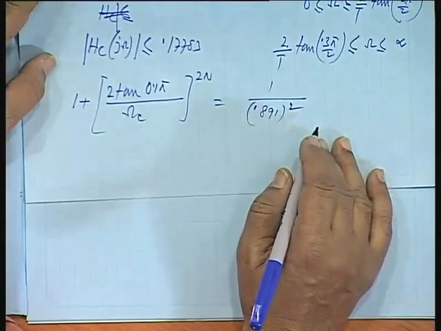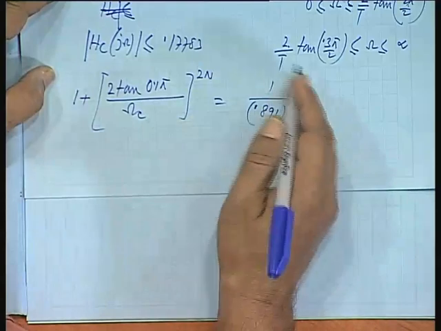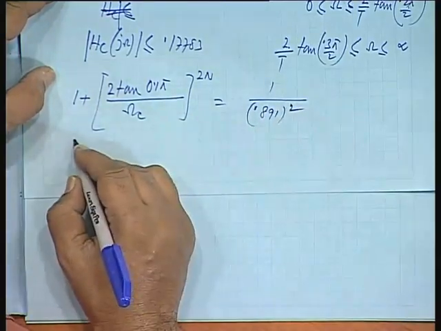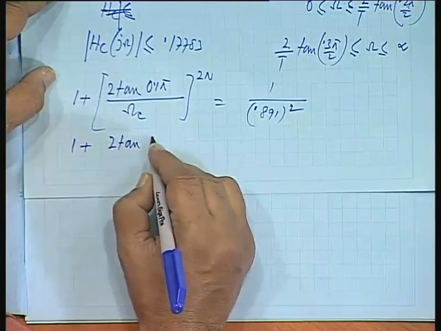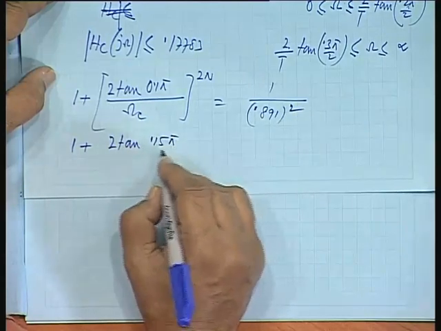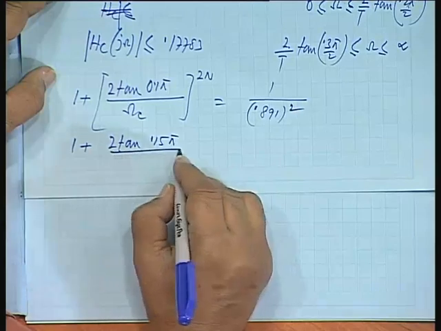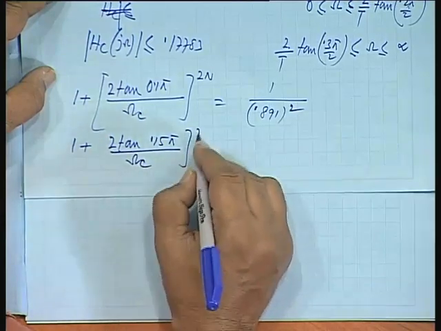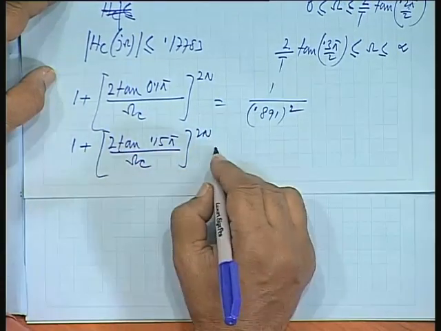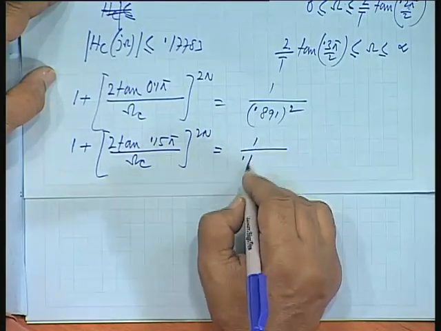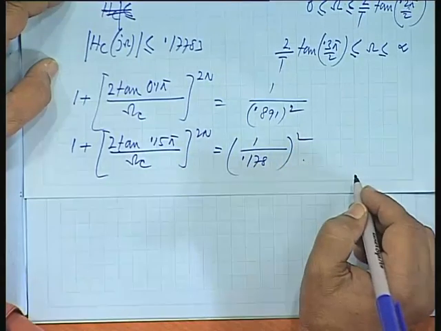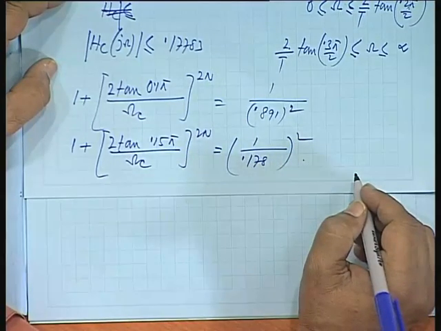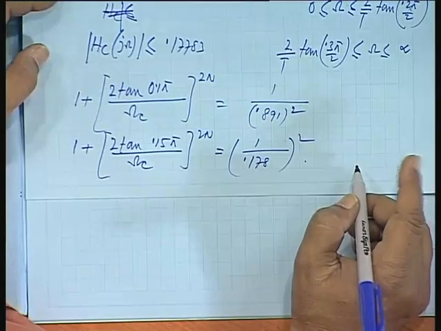Okay. This is h square, and the other one is 1 plus 2 tan 0.15 pi by omega c to the power 2n, should be 1 by 0.178 squared. Is that all right? T we have taken as 1, all right.